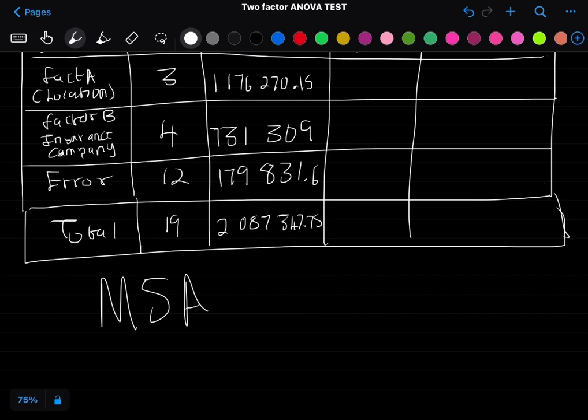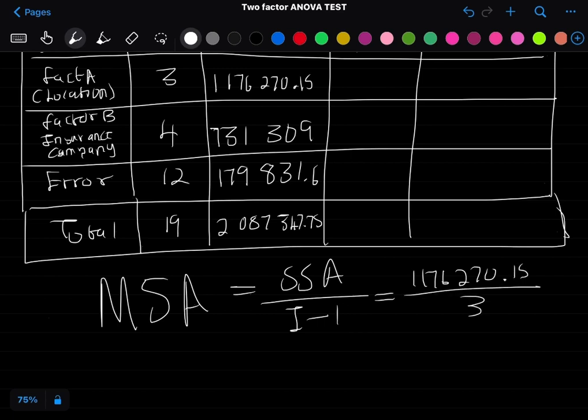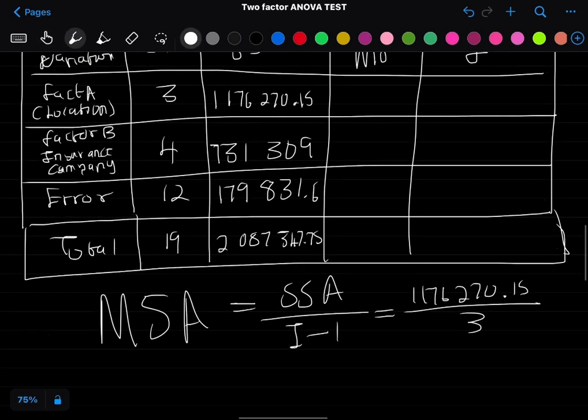So mean square for factor A will be the sum of squares for factor A divided by the degrees of freedom, which is 1,176,270.15 divided by 3. That will be 392,090.05.